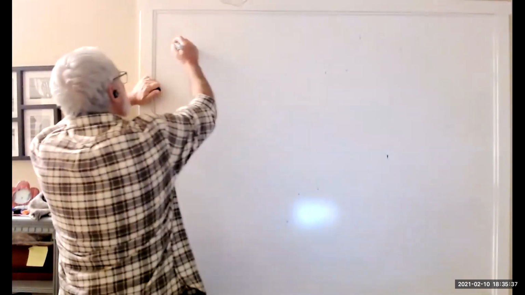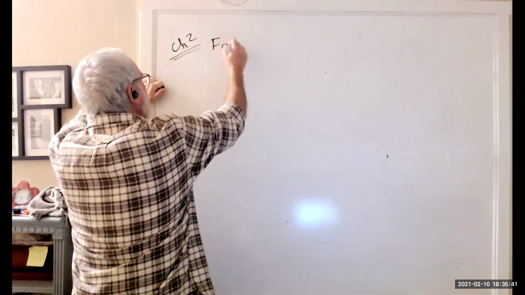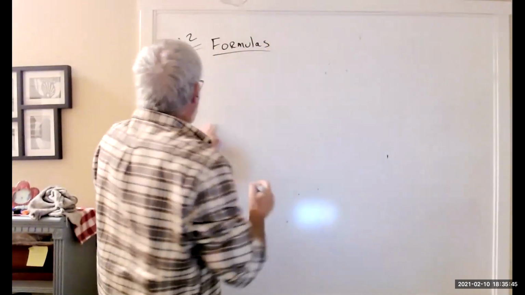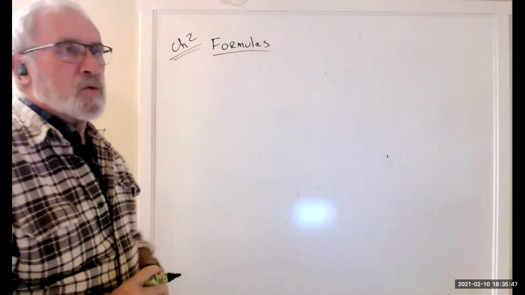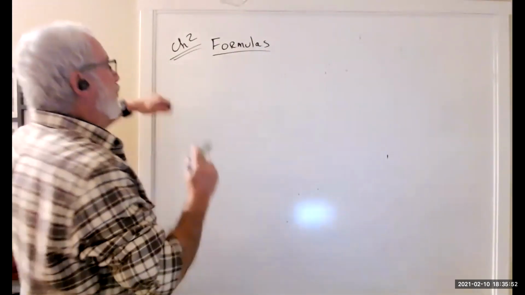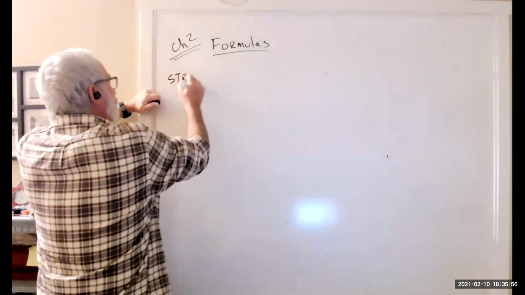One of the things in chapter 2 that I didn't cover was called formulas. There's two ways we use formulas. The first way is what I term straightforward.